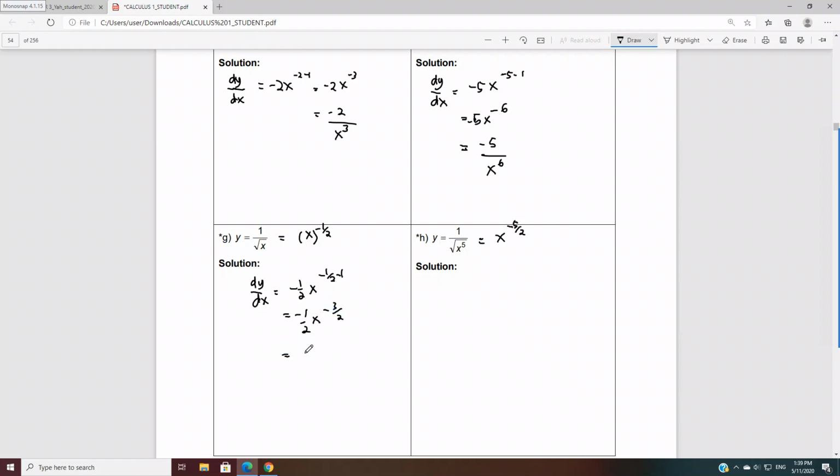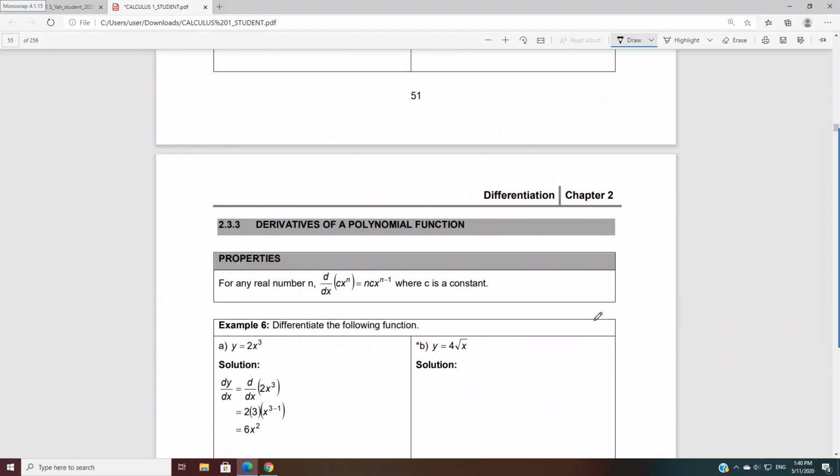So the answer is negative 1 over 2 x to the power of 3 over 2. dy dx equals to negative 5 over 2 x negative 5 over 2 minus 1. So negative 5 over 2 x, ni dia akan jadi negative 7 over 2. Okay, so negative 5 over 2 x to the power of 7 over 2. Okay, yang tu untuk power kan.